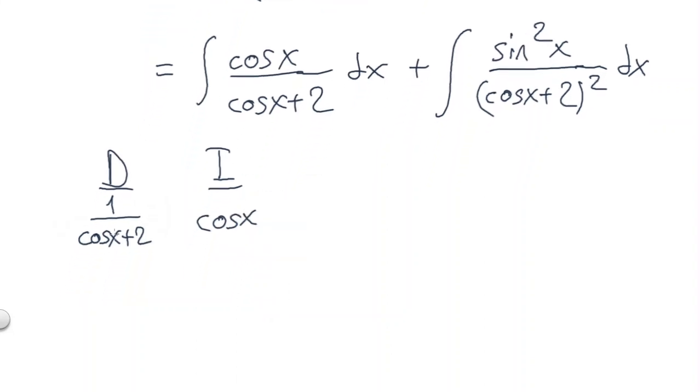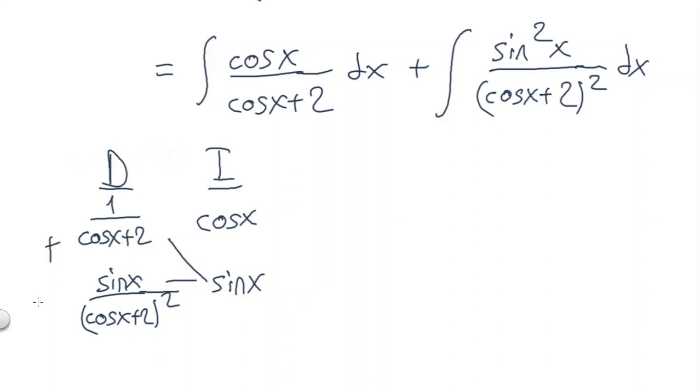If I differentiate this, it's the first one's derivative times this, minus derivative of this thing. The derivative of cosine is minus sine, so it will be minus, minus, positive. So it's just sine x over cosine x plus 2 squared. Okay, cool. And the integral of cosine is just sine.